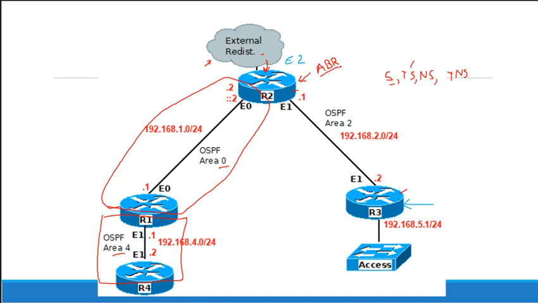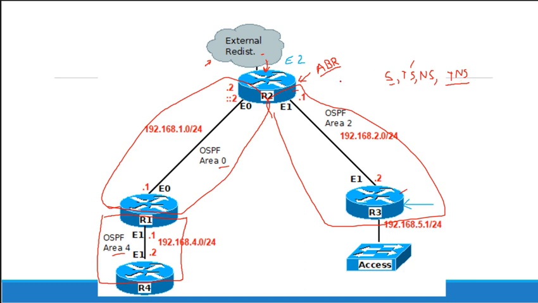When we did totally stubby, the area border router still had area 2 stub, but we added the no summary keyword. And then with our not so stubby, the area border router and the internal router were configured the same. Area 2 not so stubby, or I'm sorry, area 2 NSSA.